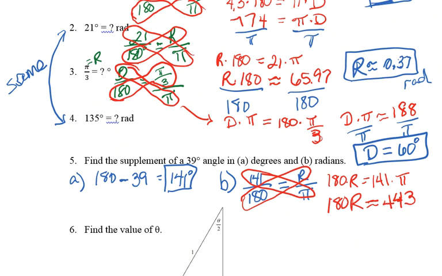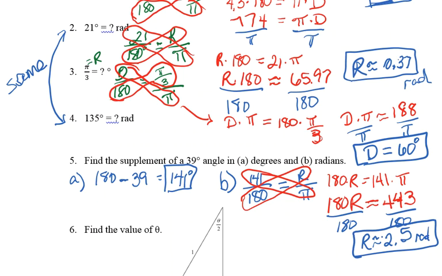Now I'm going to go ahead and divide it by 180 to get r by itself. So my radian measurement is going to be that number divided by 180. So my radians is approximately 2.5 radians, whether you write the rad or not. Okay, so I've done A and B. Found it in degrees, found the supplement in radians.